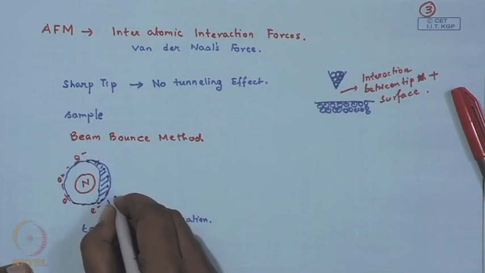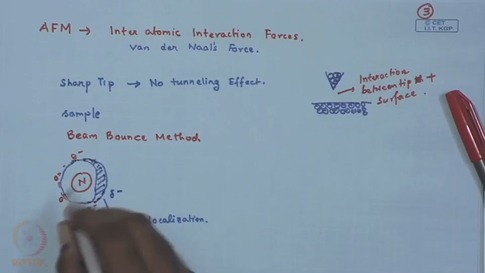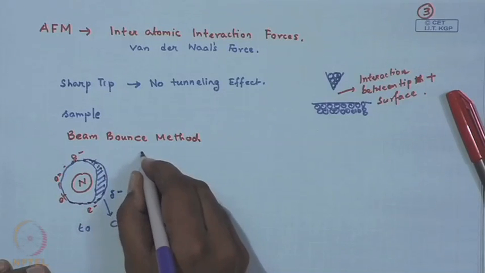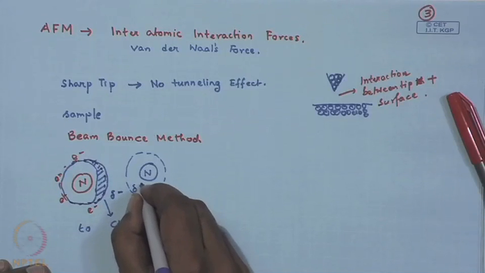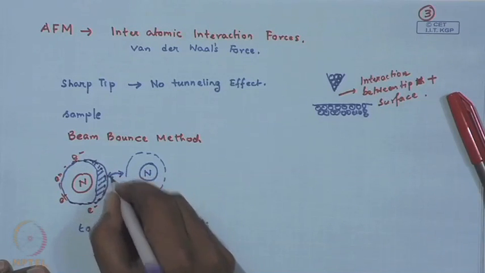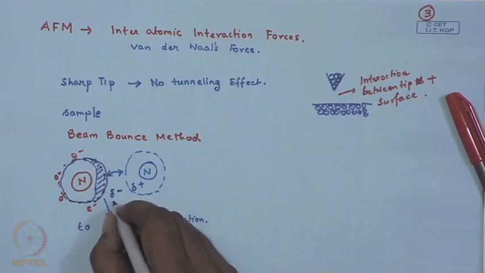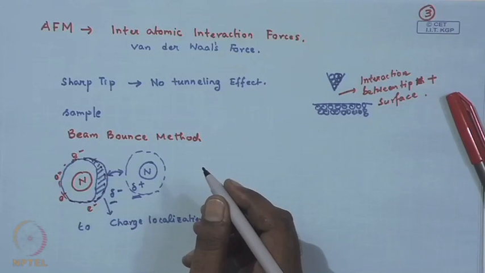The moment there is a charge localization, this leads to a delta minus charge which is localized over this area. Now, this delta minus charge induces a delta plus positive charge on the neighboring atom. Since this has opposite polarity, the nature of interaction is always attractive.